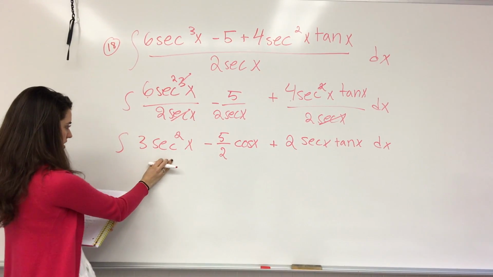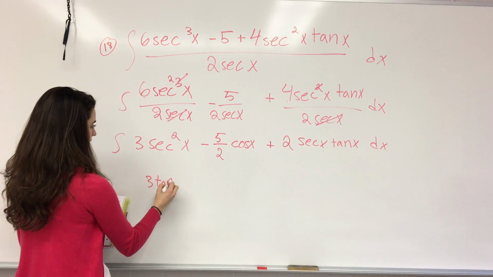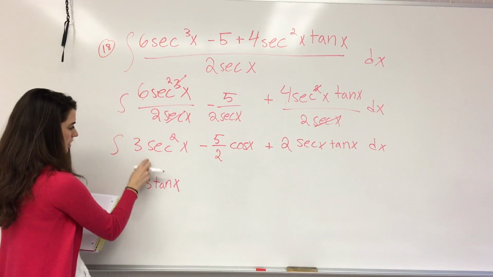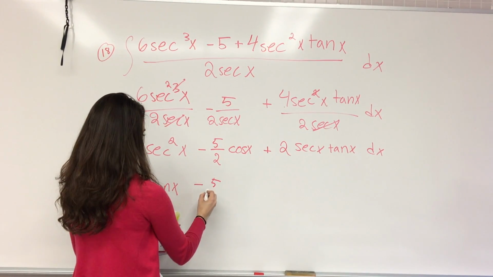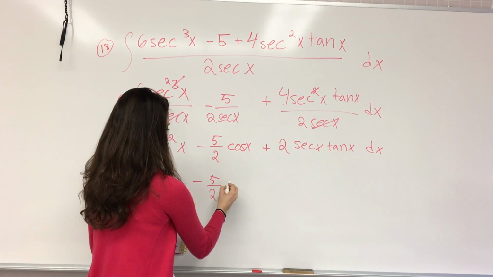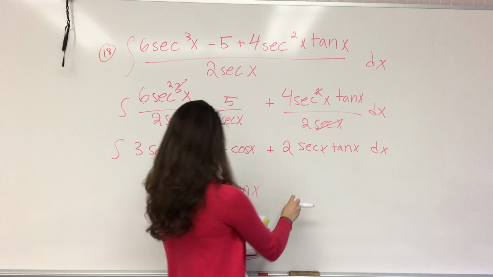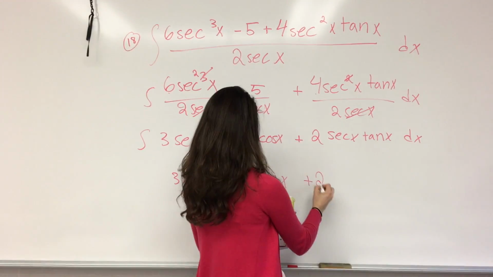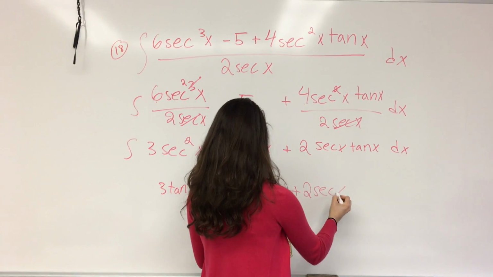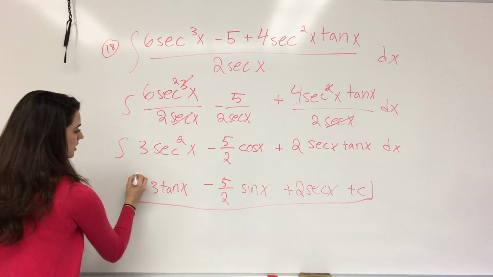This is going to be left as 3 tangent of x, because this is a rule that we use. Then we're going to have negative 5 over 2 sine of x, because we're using another rule. And then at last we're going to use another rule, and we're left with 2 secant of x plus c, and this is our final answer.